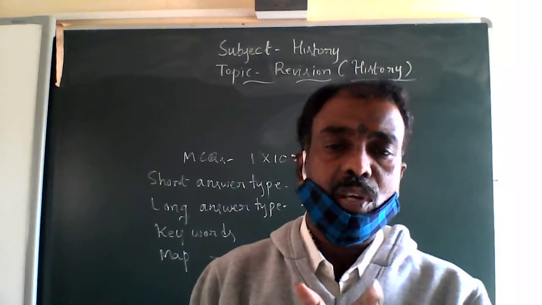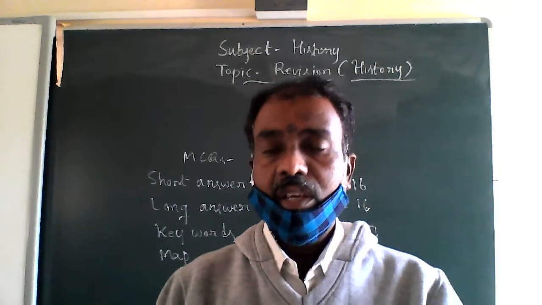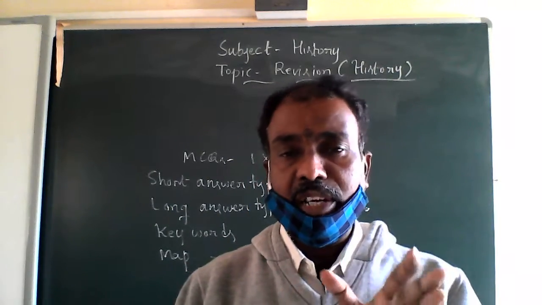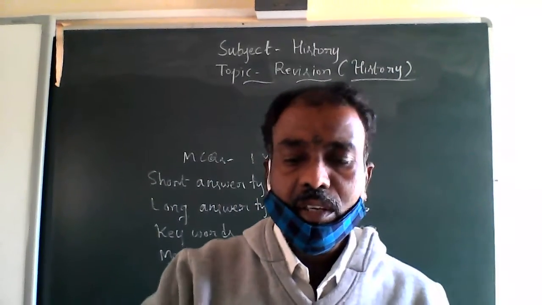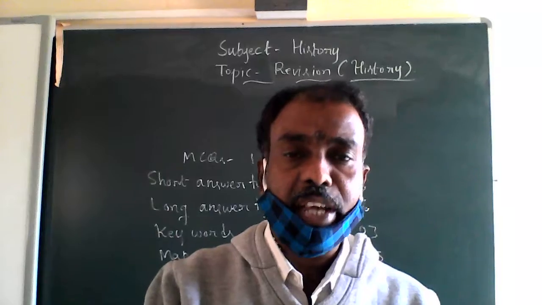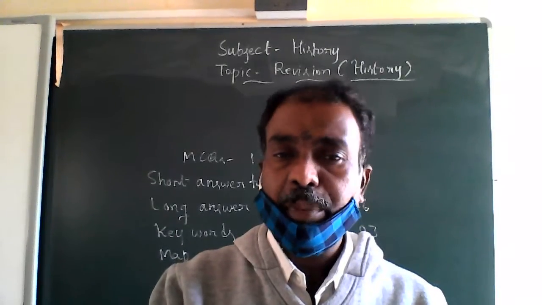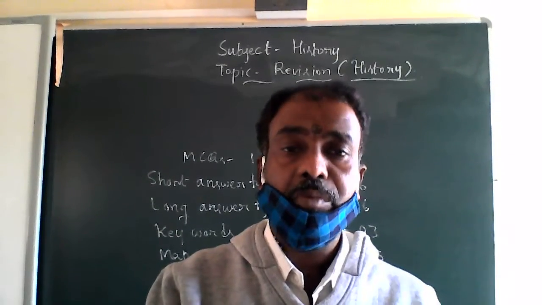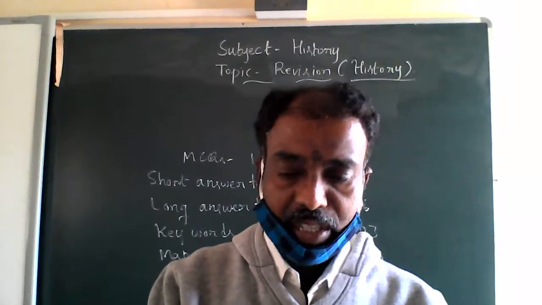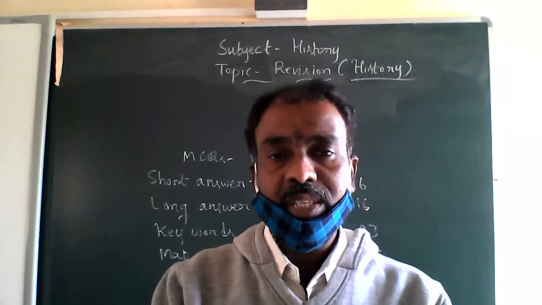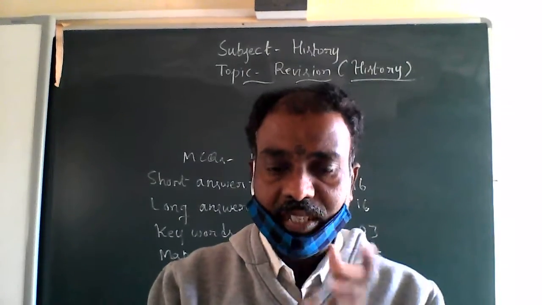These 2 chapters will come. I know that you are still not getting the textbook from the school side, so as I already informed you many times, please download the PDF form of the textbook. If you don't have it, you can go through that.